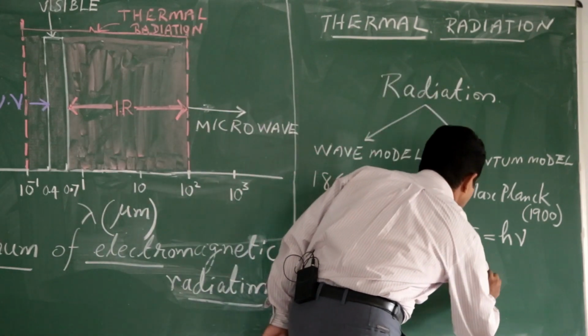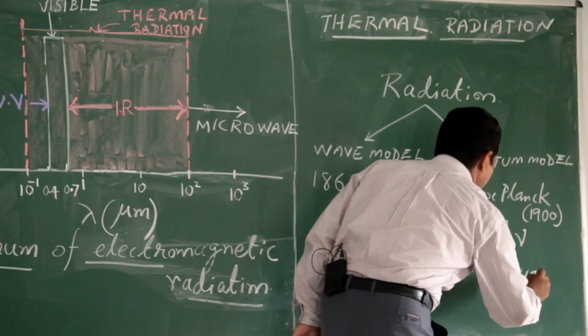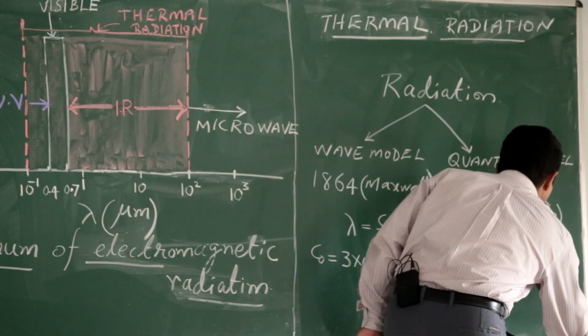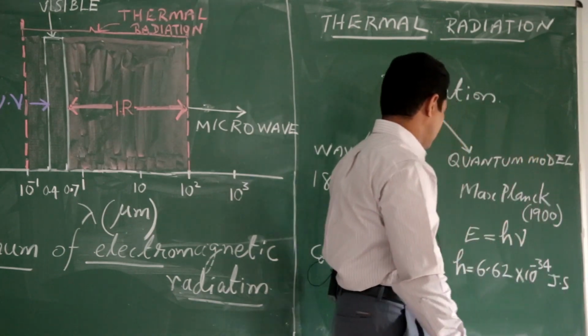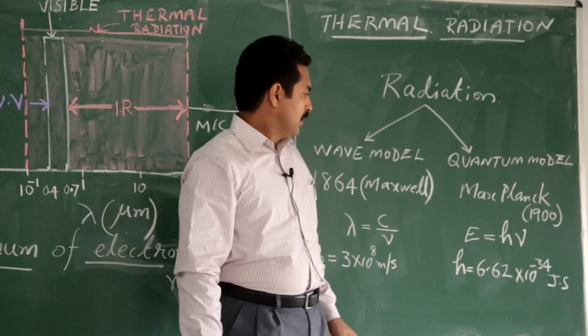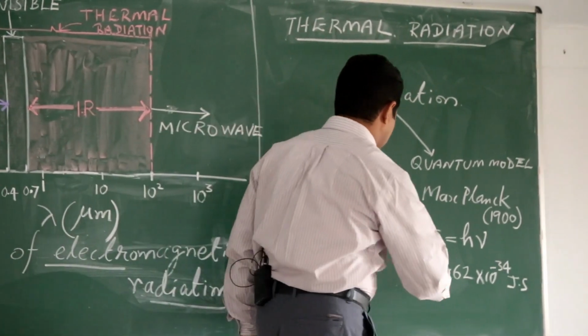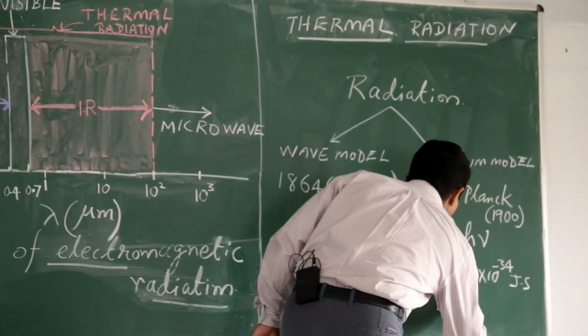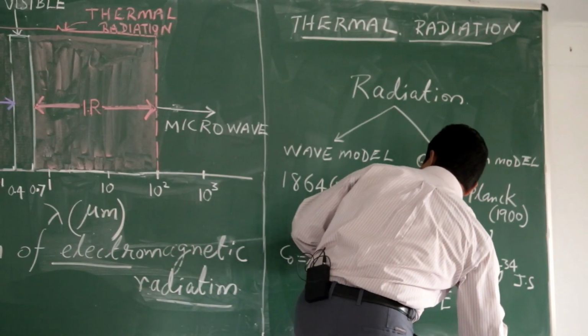Its value is 6.62 into 10 to the power of minus 34 joule second. Here again, we can rewrite it as E is equal to h nu, which is h c by lambda.